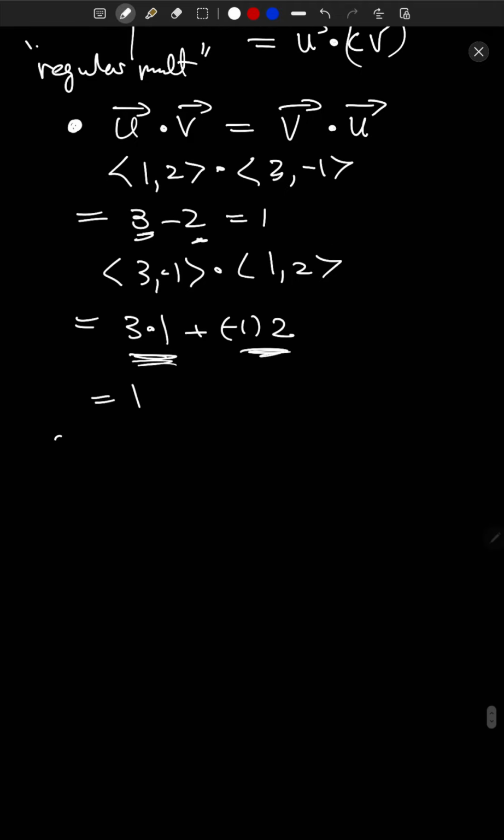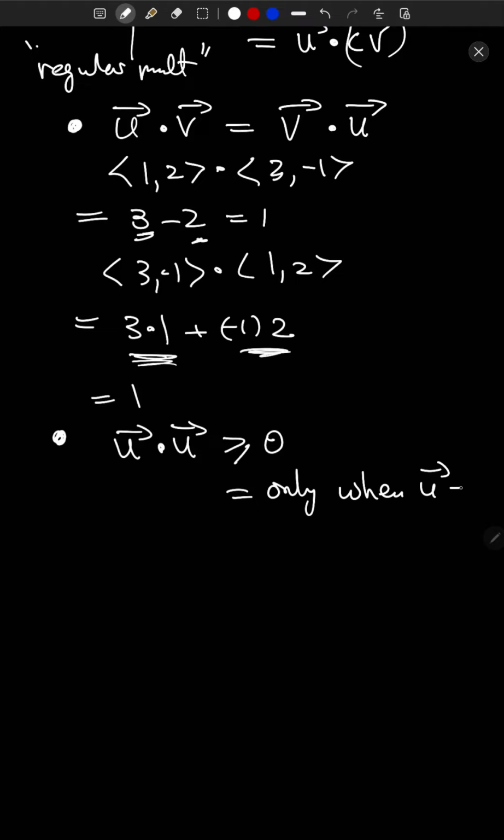Okay, another one that I just talked about actually. U dot U is always bigger than or equal to 0, and it's equal to 0 only when U is the 0 vector. Okay, so we saw that.